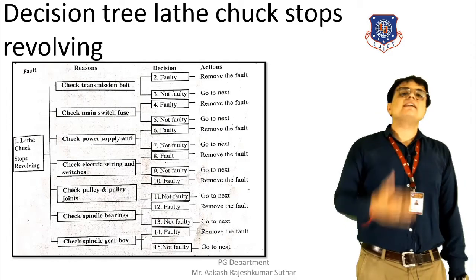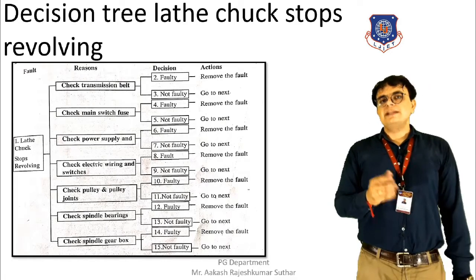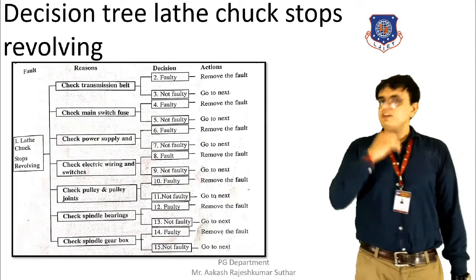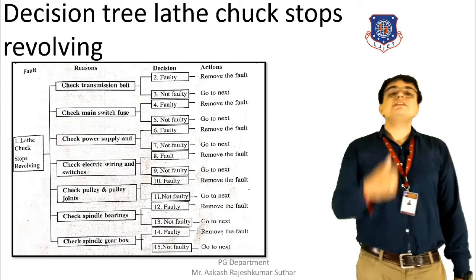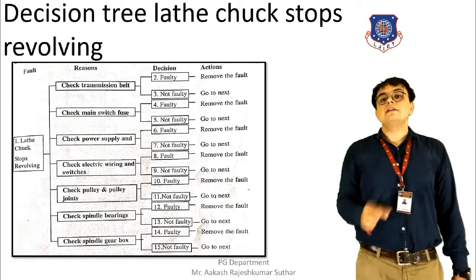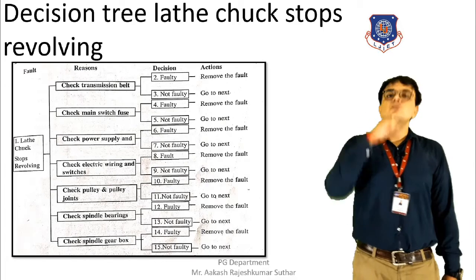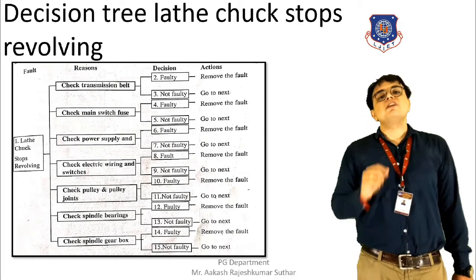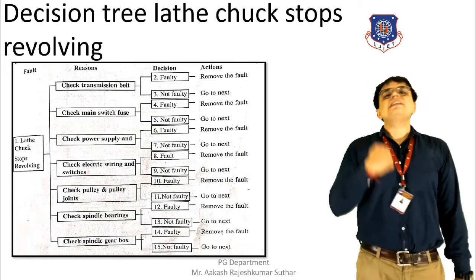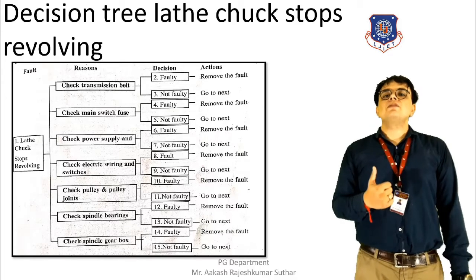Based on this checking, if we find that the wires and switches are responsible for the fault, then in the activity we should write remove that fault. And if it is not found responsible, then in the activity we should write move towards the next reason.